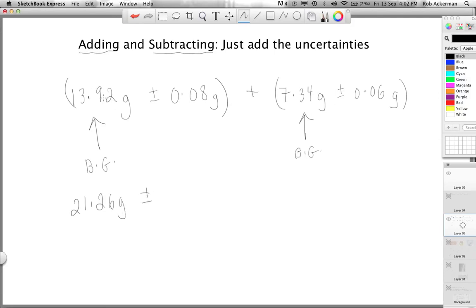Well, if this first number could be higher or lower than my best guess, and this number could be higher or lower than my best guess, then this sum could actually be higher or lower than my best guess, right? Like this 13.92 could be this much higher. It would put us at 13.92 plus 0.08, as high as 14. And 7.34 plus 0.06 would put us at 7.40.